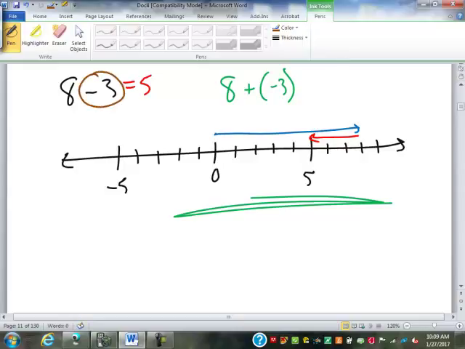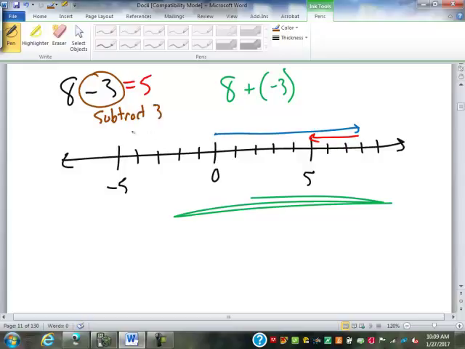Just like division with our fractions, we said the division symbol works with the fraction that comes after it. So that's the one that has the reciprocal. The subtraction symbol works with the number that comes after it. Subtracting 3, bless you.